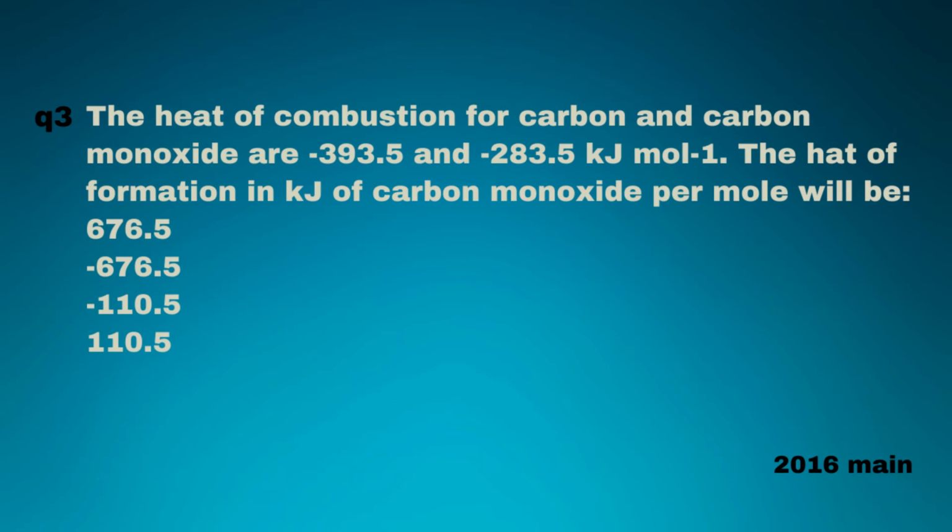Moving on to the next question. The heats of combustion of carbon and carbon monoxide are minus 393.5 and minus 283.5 kilojoule per mole respectively. The heat of formation of carbon monoxide per mole is? We are given four options.